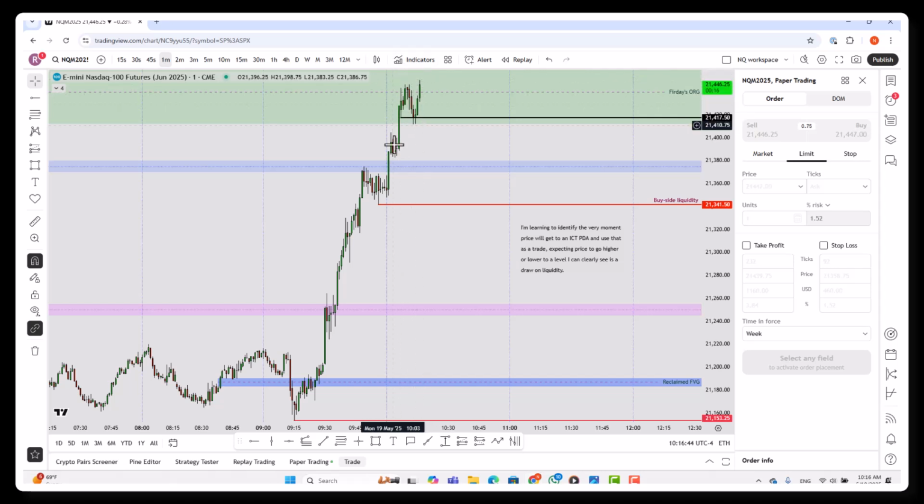See that? Blown. This one, boom. See? This one here, fair value gap, fine, it's gone.